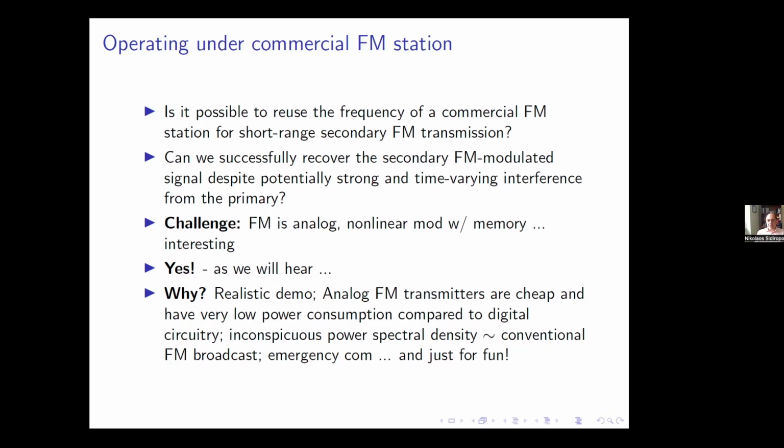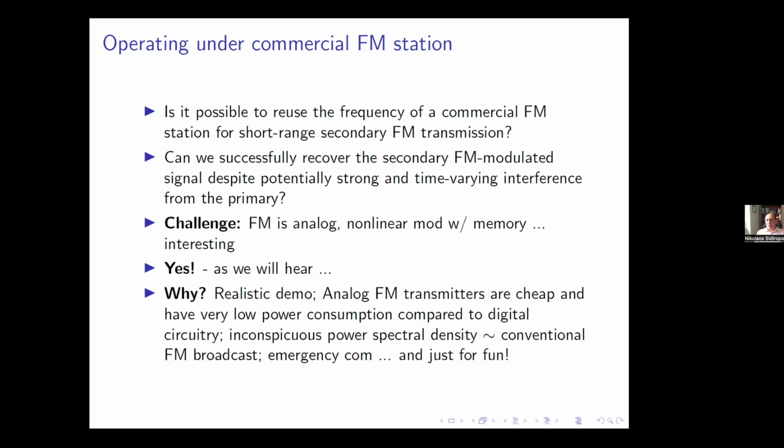So the question we asked ourselves is, how can we demonstrate actual underlay transmission under a real commercial FM station? Can we really do it under a broadcast FM station, which is transmitting maybe at kilowatts, despite the very strong and time-varying interference from the FM station?